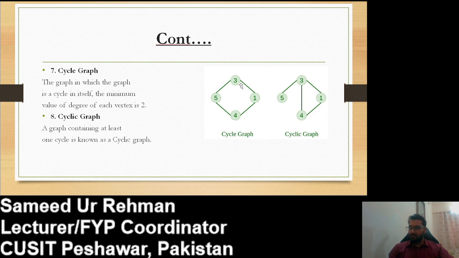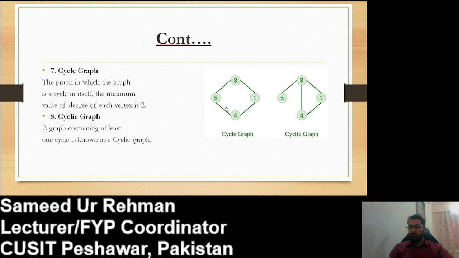The degree of a vertex means the number of edges associated with that specific node. As we can see, in a cycle graph every node has a degree of 2, meaning every vertex has two edges. 3 has this one and this one. 1 has this one and this one. 4 has this one and this one, and 5 has this one and this one.